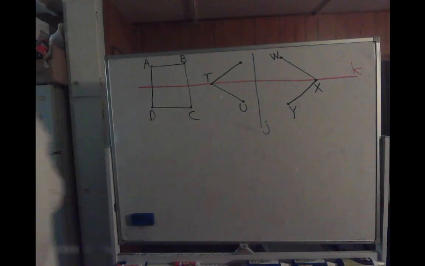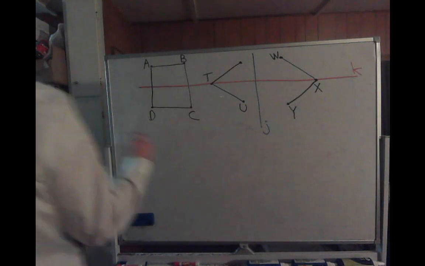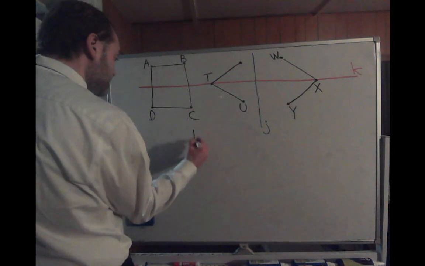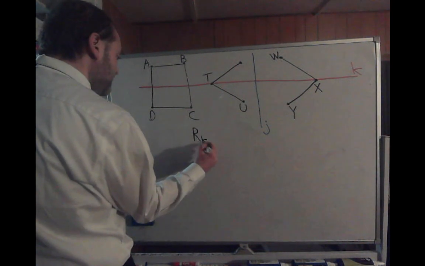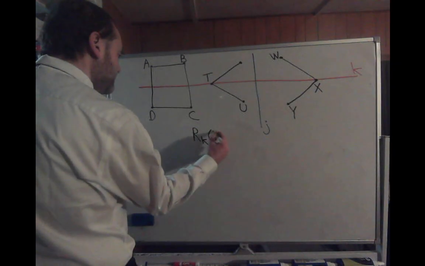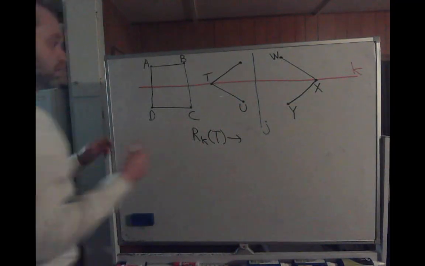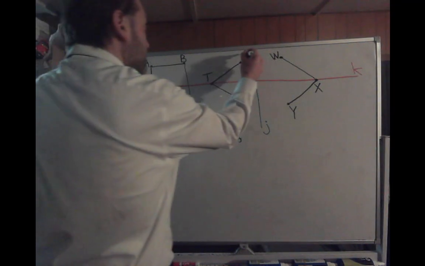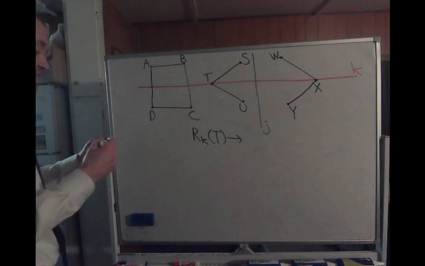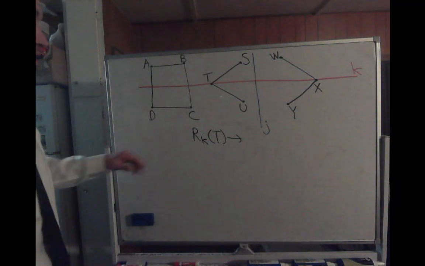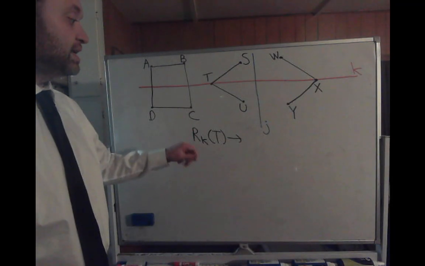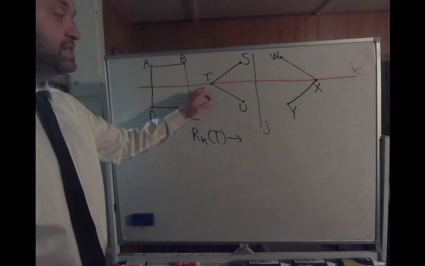Now, what if I were asked to find something a little bit different? The reflection in K of point T. So now we've shifted to this one here. Well, that's point S, I suppose I should say that. What if I'm asked to find the reflection in line K of point T?